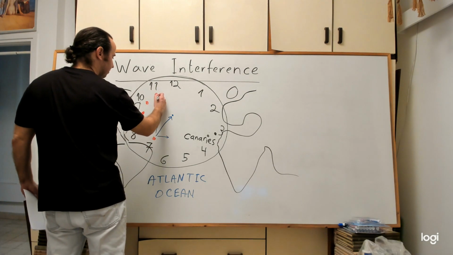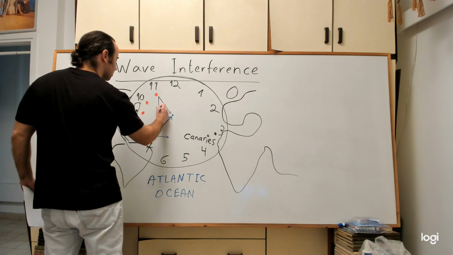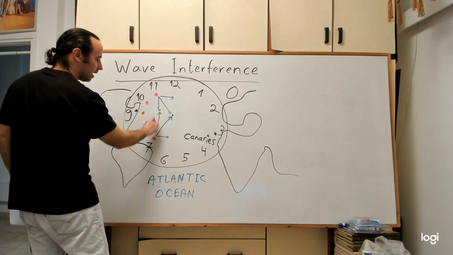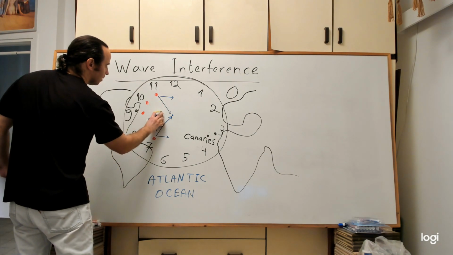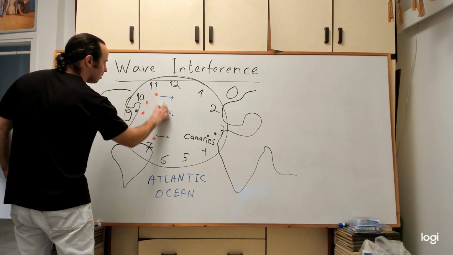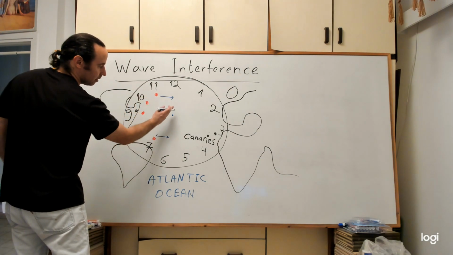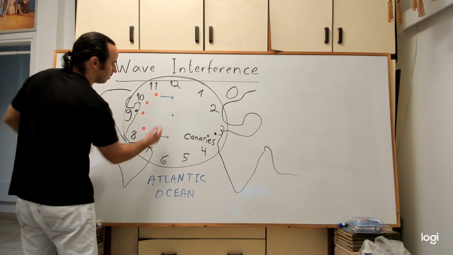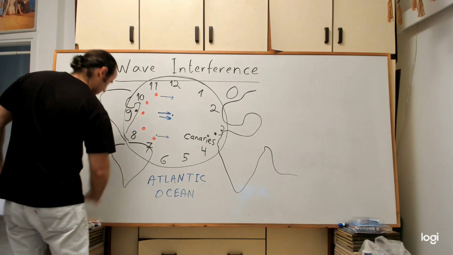And at 11 o'clock, if this explodes, it also goes downwards and to the right. So the up and down cancel each other out, but the right component of the water exists. They contribute to each other. So there are two components here to the right.